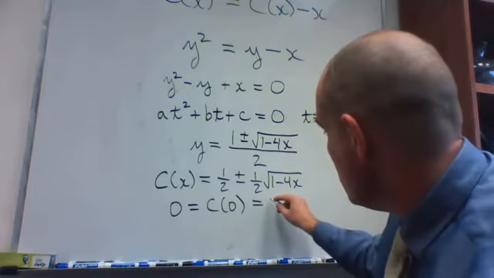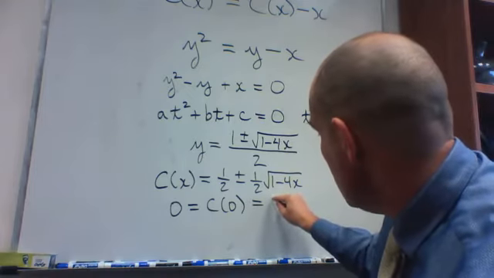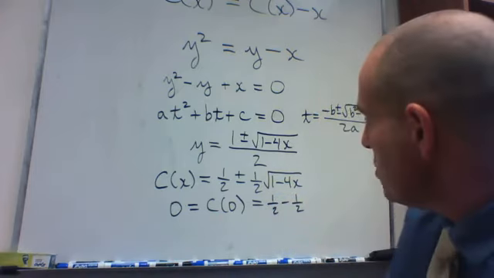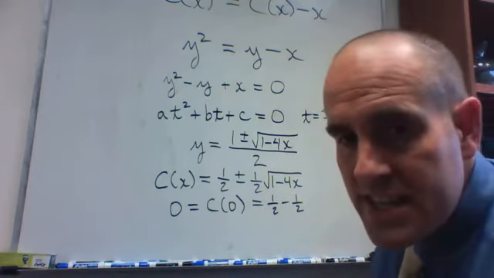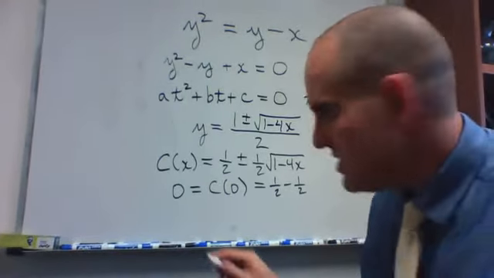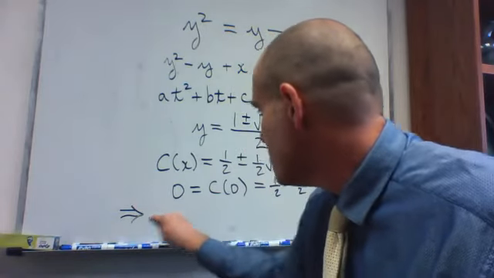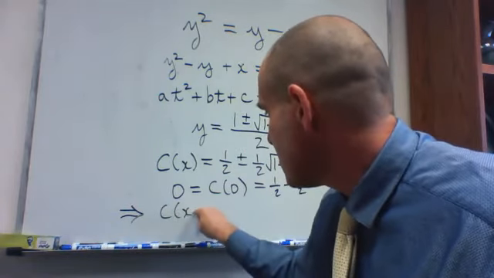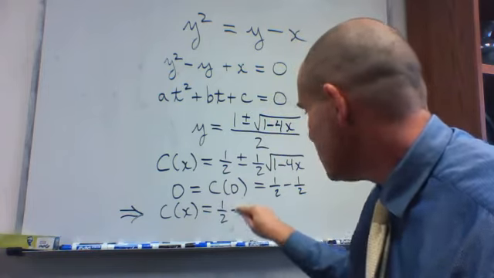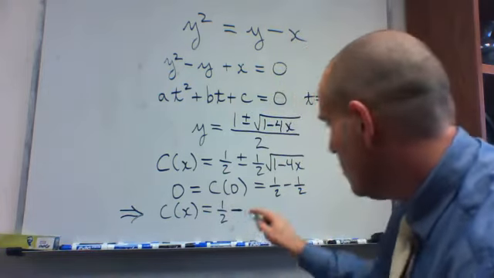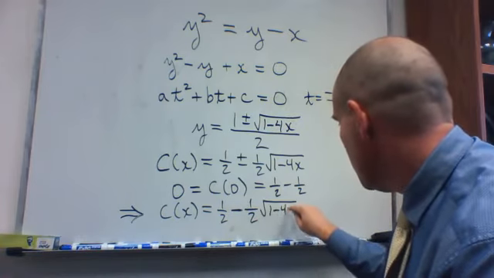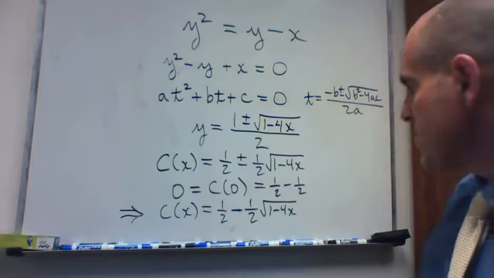Okay, so this is equal to 1/2 minus 1/2, not 1/2 plus 1/2. So what does that tell us? Well, that's the punchline. This implies that C of x is actually 1/2 minus 1/2 times this square root of 1 minus 4x. Okay, so there it is.